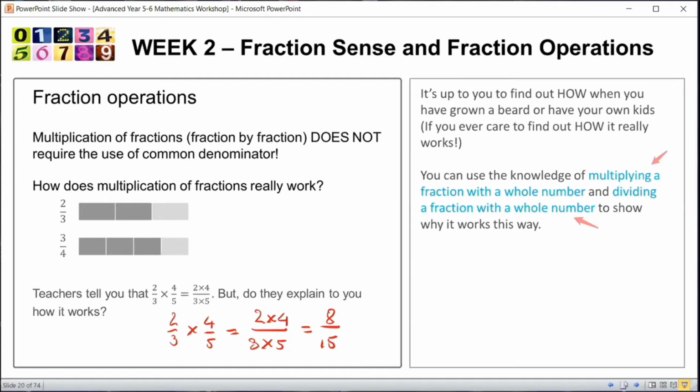All right, so I need to switch back to the pen. I have 2 out of 3, and I need to time that with 4 out of 5. Now, the first thing is I use what we did before, time a fraction with a whole number. It works the same when you time with anything.